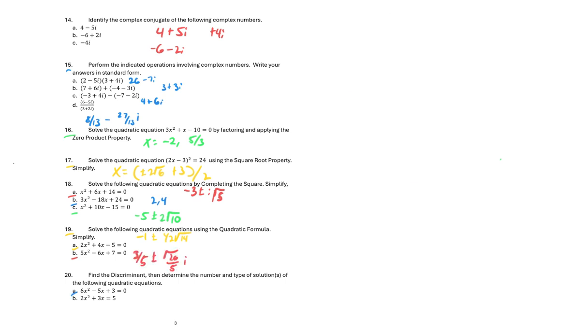Alright, 20, find the discriminant, then determine the number and types of solutions for the following quadratic equations. So the discriminant, we go back to the negative b plus or minus the square root of b squared minus 4ac all over 2a. The discriminant is everything under the square root. So this b squared minus 4ac is the discriminant.